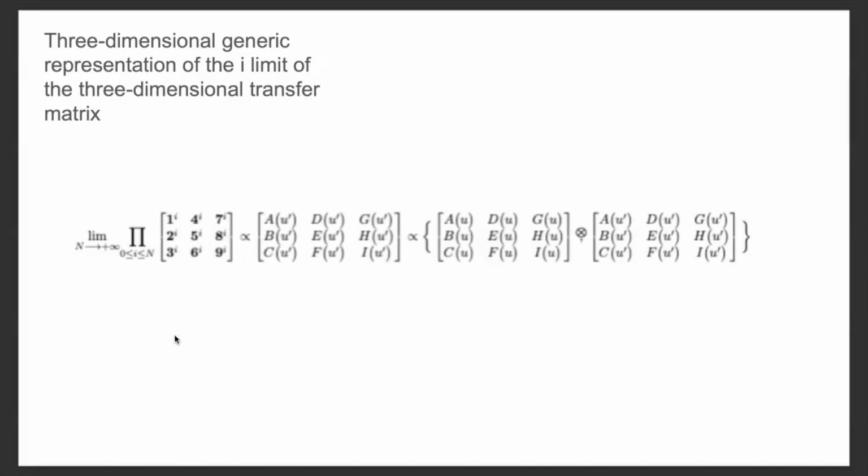And this product of matrices is proportional to a 3 by 3 dimensional representation of the product of L operators for the infinite volume approximation of the three-dimensional transfer matrix and the U prime parameter.